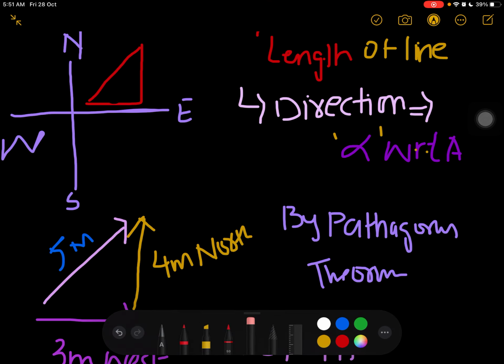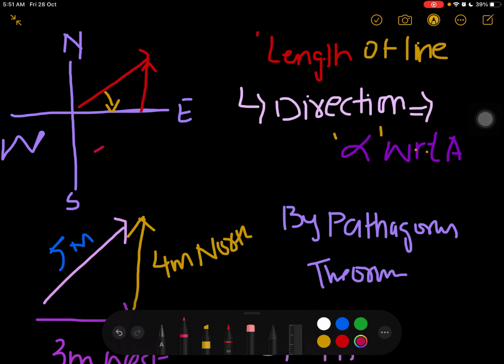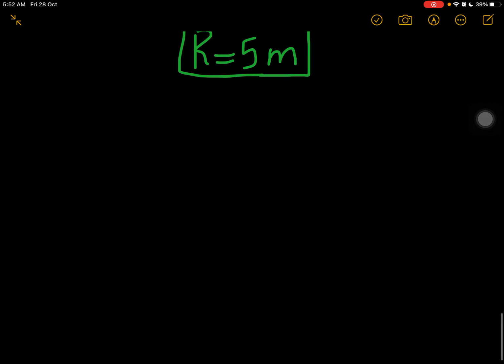Wait a minute. As you can see, if I place this triangle over here, it is like this, right? Now the angle between this, tell the angle between this. So it will be east of north. Now I have to tell the angle, what will be the angle over here.